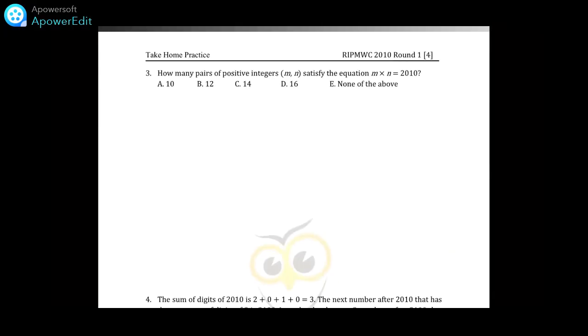Now, for question 3, we factorize the number, m times n is 2010. So there's 2 times 5 times 3 times 67. There are 4 different prime factors.